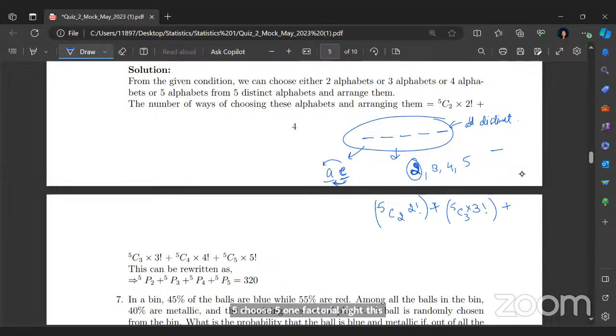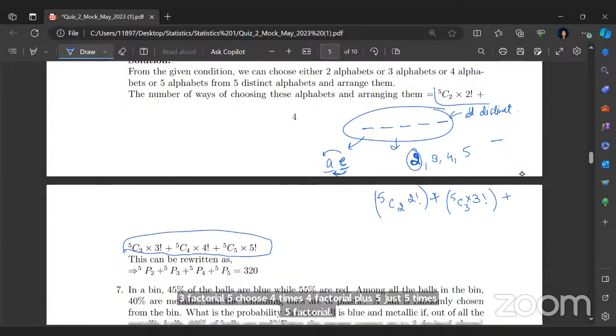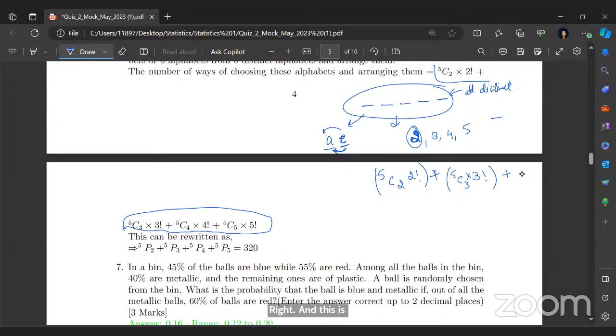So 5 choose 2 times 2 factorial, 5 choose 3 times 3 factorial, 5 choose 4 times 4 factorial, plus 5 choose 5 times 5 factorial, right? And you know the relation between permutation and combination. So this 5 choose 2 times 2 factorial is nothing but 5P2, right?